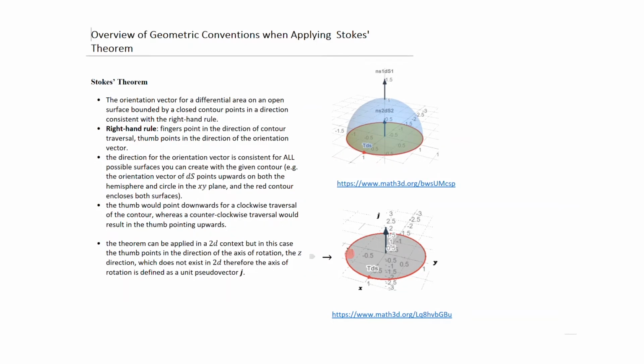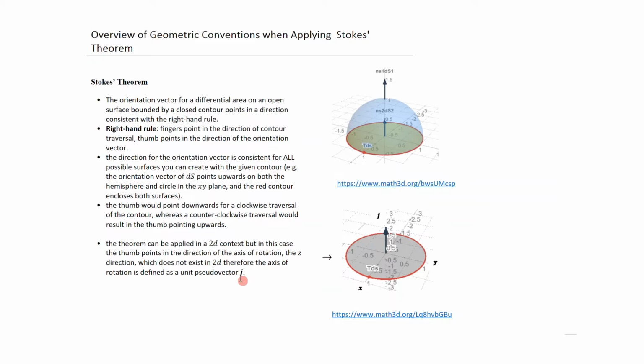In a 2D case, basically, we only have an area which is in the plane. And here we're going to apply the same principle as we did for the 3D case, except that the thumb points in a direction which in 2D does not exist. The Z direction does not exist. However, there's a nice way around that problem: we define this to be an imaginary axis, and typically we give it the name of a pseudo-vector.